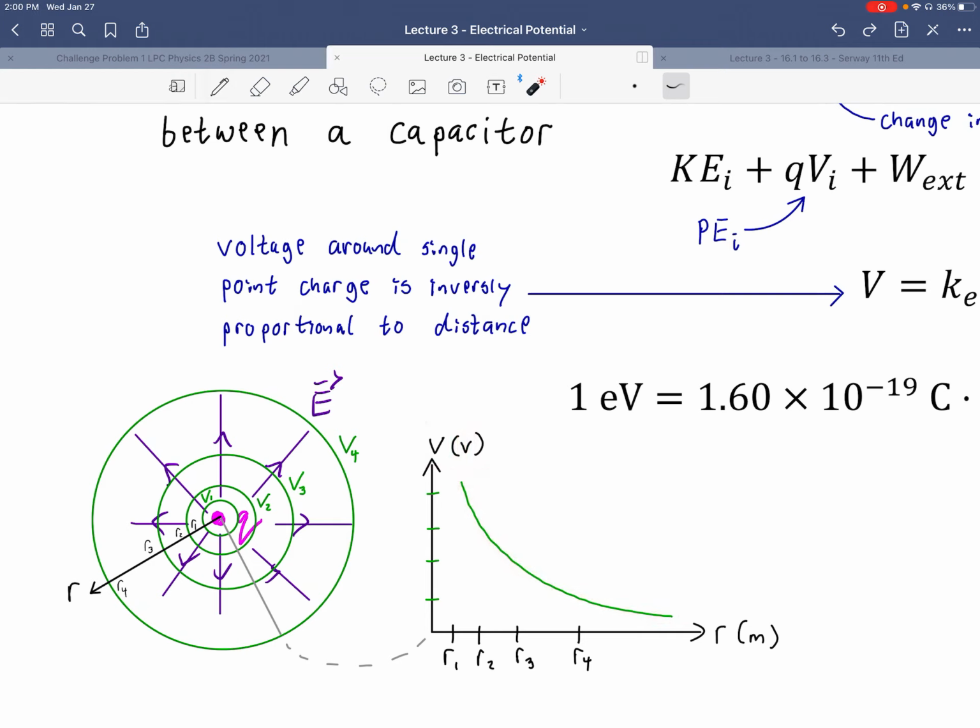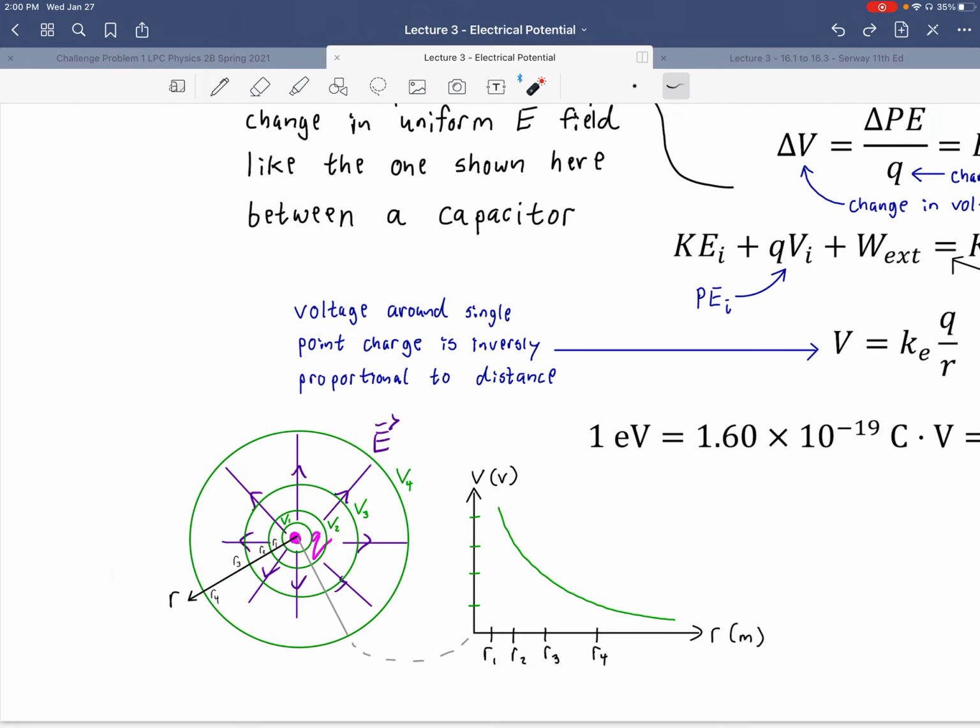And then we can see equally placed voltages at 1, 2, 3, and 4. So this one here would be 1, 2 would be here, then we'd have 3, and then we'd have 4, okay? So as we get further and further away, the voltages fall off. These are all evenly spaced, as I said, but then of course the distances aren't, because there's that 1 over r relationship, okay? It's falling off like so, right? So that's the mathematical relationship.